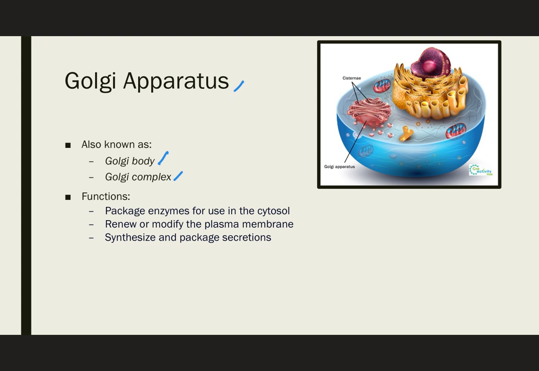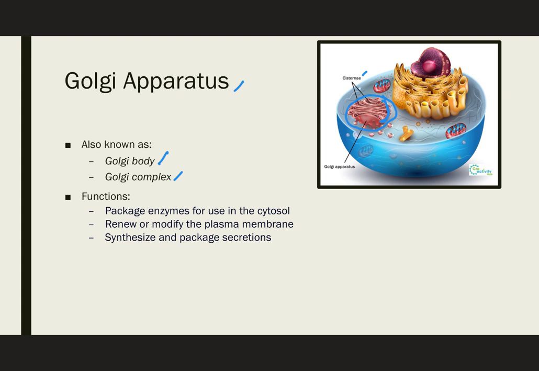And it will consist of these flattened membrane discs that are called the cisterns. A typical Golgi apparatus will consist of 5 to 6 of these cisterns, which resemble a stack of dinner plates. In actively secreting cells, they have larger and more numerous cisterns than resting cells, which makes sense, right?